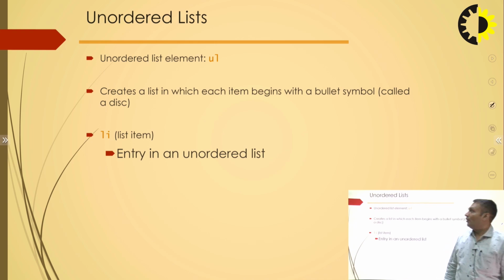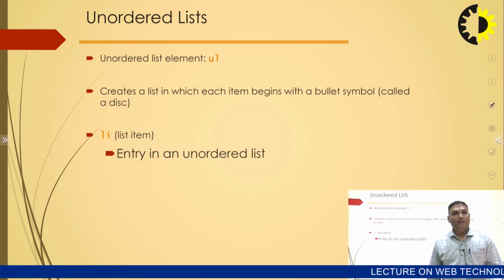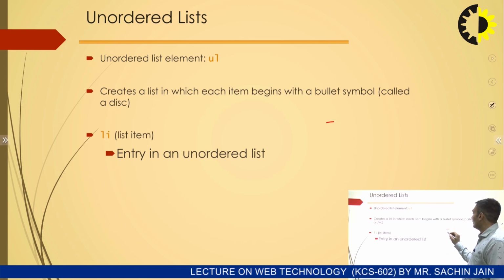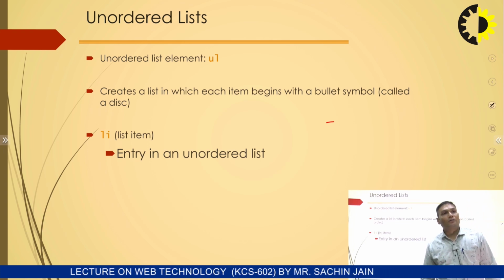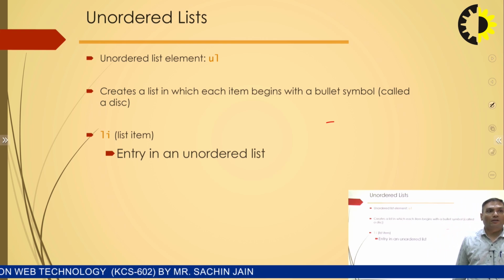Now, lists are basically used to display information in terms of ordered values or unordered values. So lists are of two types, ordered list or unordered list.